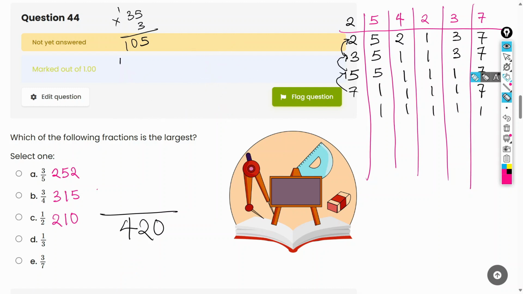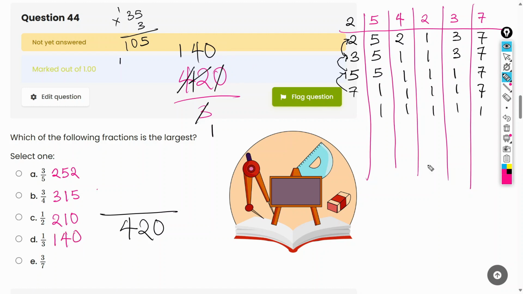So we divide 420 by 3. 3 into 3 is 1. 3 into 4 is 1. Remember 1. 3 into 12 is 4. 3 into 0 is 0. That's 140. 140 multiplied by 1 is 140.